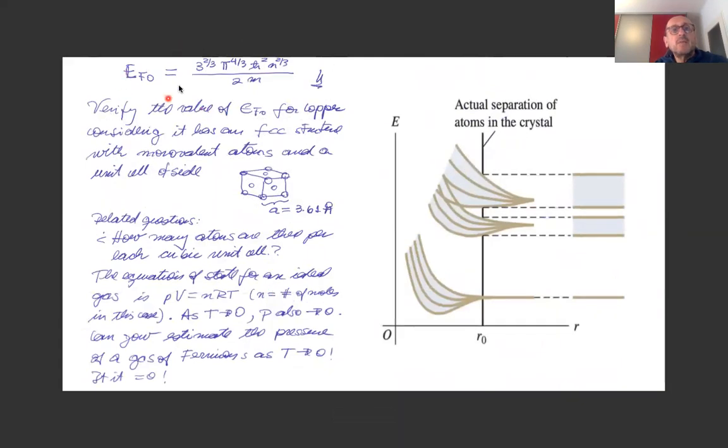So this is the expression. The only thing you have to do now to understand the highest energy level occupied by the free electrons in a system, with respect to the bottom of the band, is that it is proportional to the density of electrons to the 2/3. This is a quantum mechanical expression.